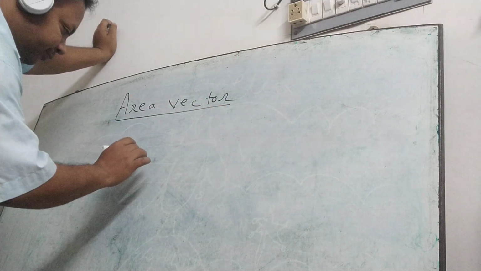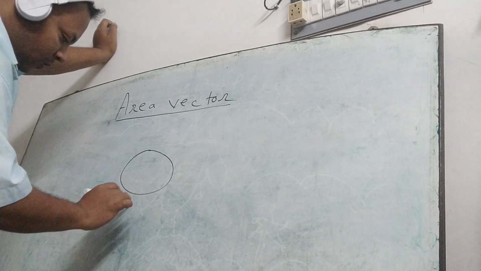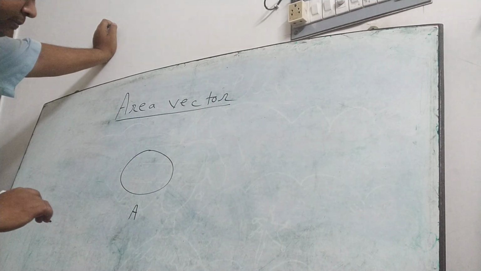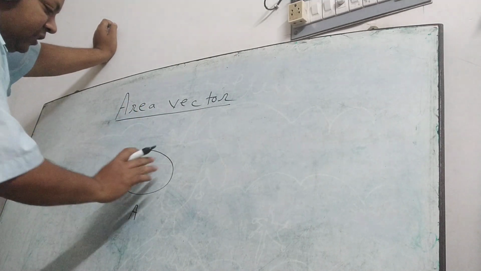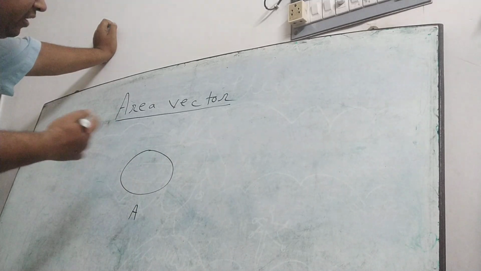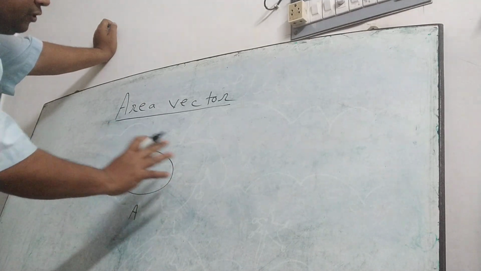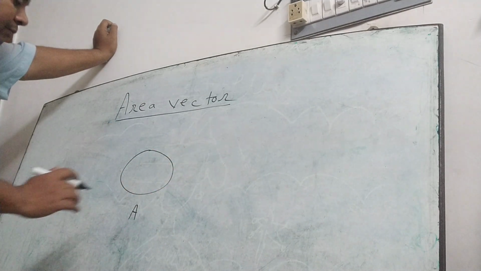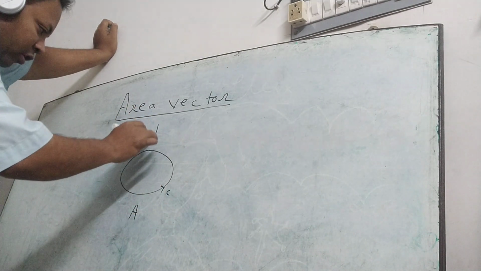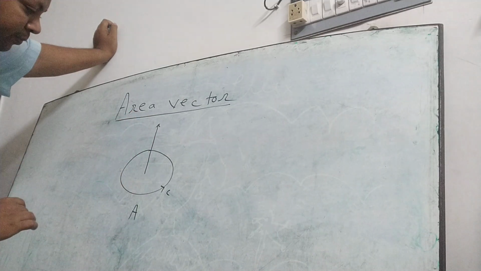Area vector. When we consider an area capital A, and this may be a circle, rectangle, square, or any type of two-dimensional figure, and we draw a straight line on the plane.